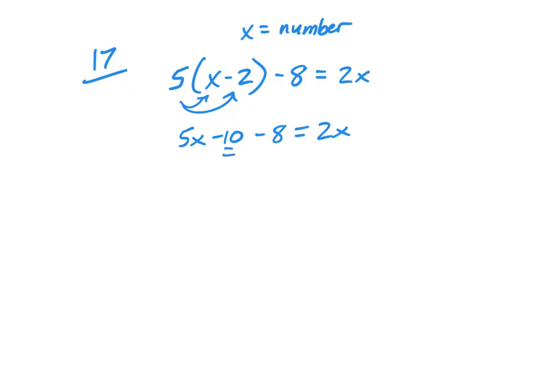Combine like terms. I know we usually say let's try to keep the x positive, but here because negative 18 is over here all by itself, I'm going to go ahead and subtract 5x. Both of these are negative now.